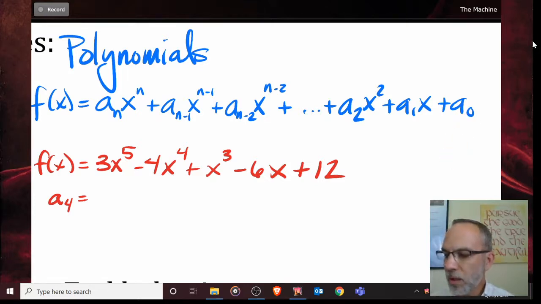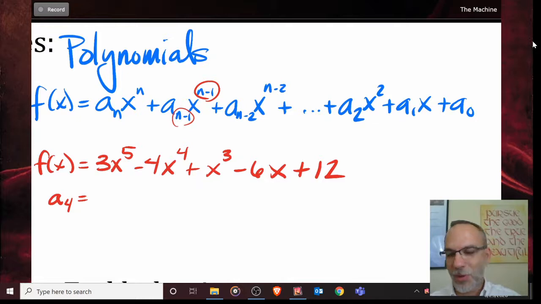What are the little n subscripts for? All they are is a matching between the exponent on x and the number out front that's matched with it. So when I say a sub 4 down here, it's a little name badge, and it means I'm the number that goes with x to the 4th.